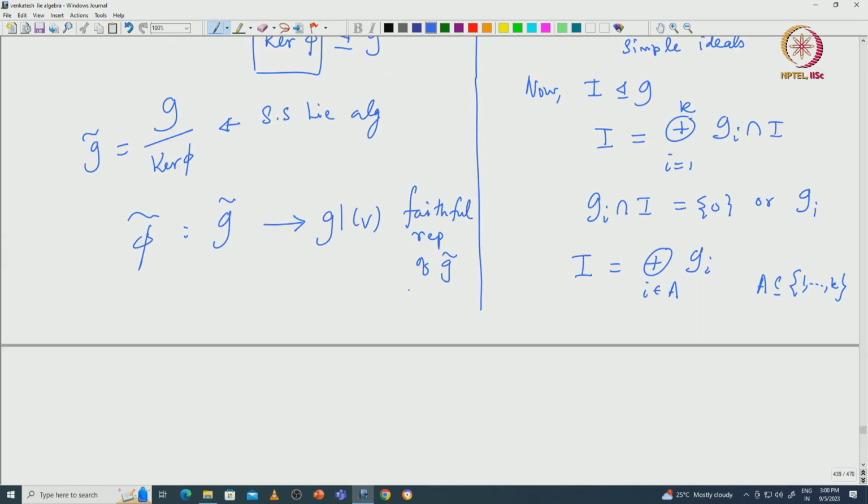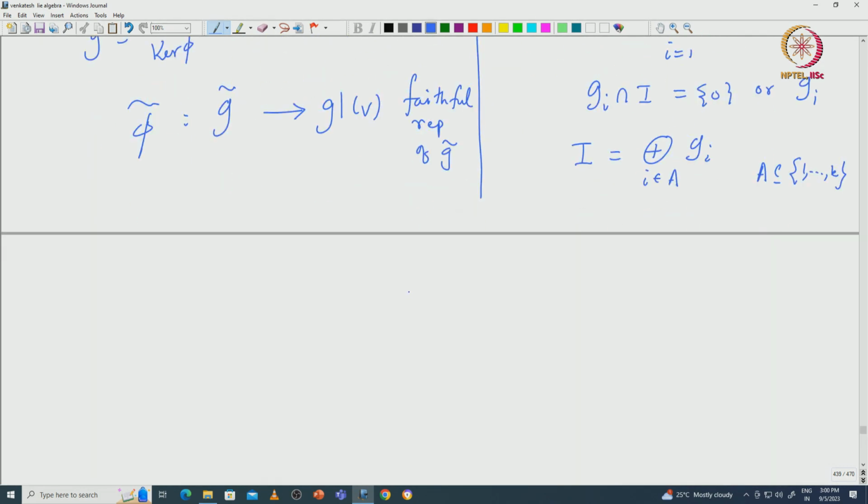Note that we now have this pi tilde, which is a faithful representation. So, from our earlier arguments one can define what is called the Casimir element for this pi tilde. So, we simply take C_pi to be equal to C_pi tilde. Why does this definition make sense? Because pi of G is the same as pi tilde of G tilde.